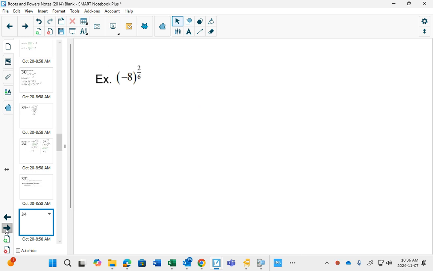What is this equal to? Okay. Method 1, I'm going to say that this is equal to, you don't have to write this down yet. Oops, put the bracket in the wrong spot.